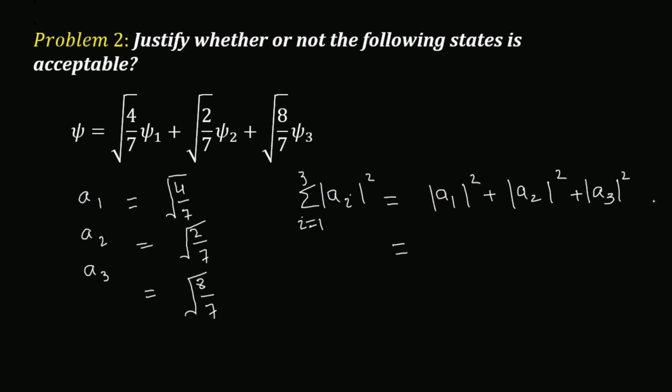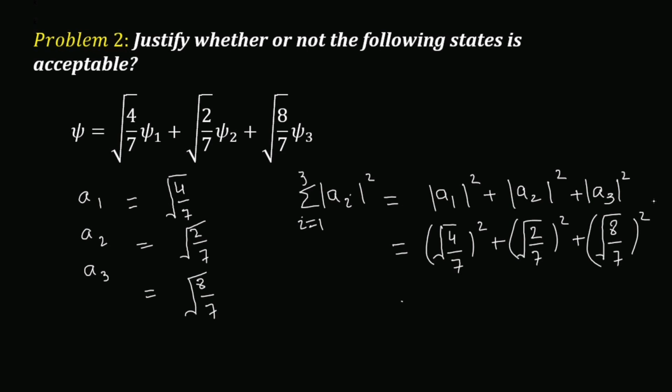Now this is equal to, the value of a1 is 4 over square root of 7, squared, plus 2 over square root of 7, squared, plus 8 over square root of 7, squared, and this will be equal to 4 over 7 plus 2 over 7 plus 8 over 7.